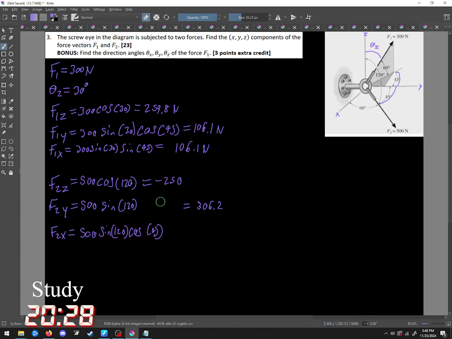So then we want Fx, we do x. X is sine theta cosine. So this one should be cosine of 45 and 500 sine 120. See, for x, that would be where z is, and this one is usually double sine.